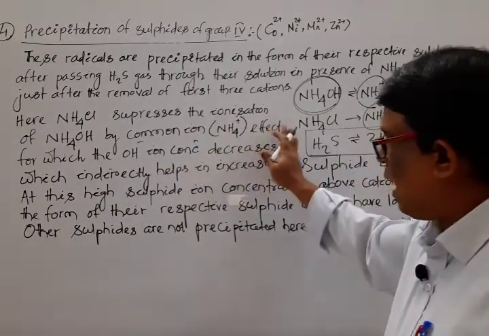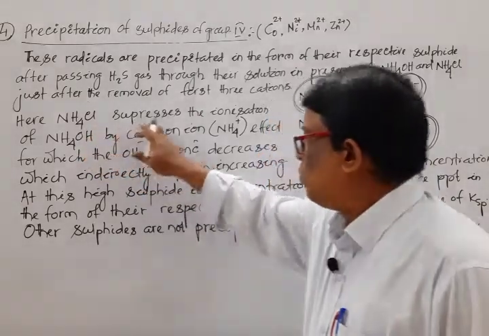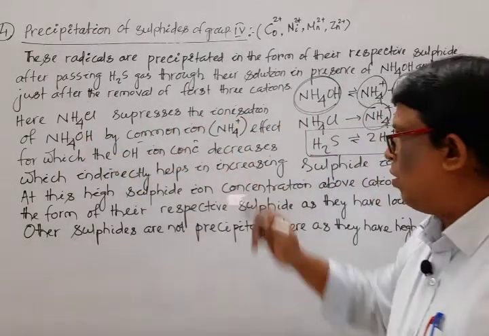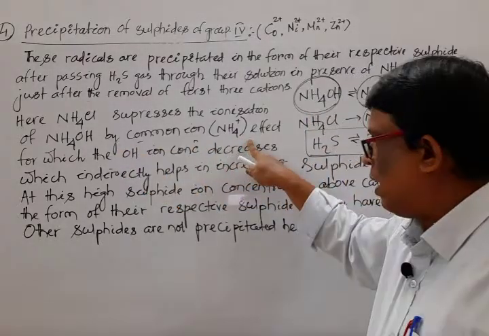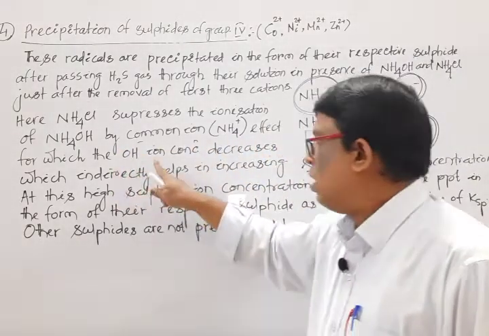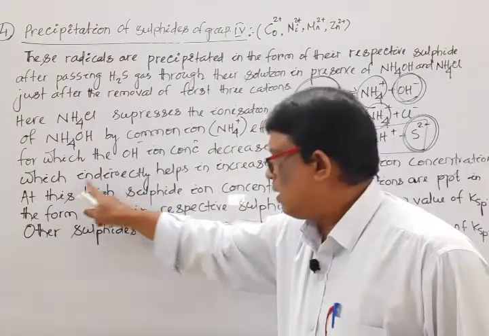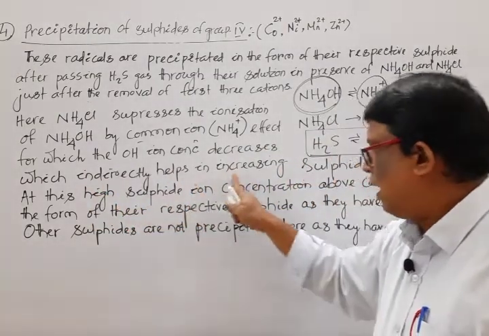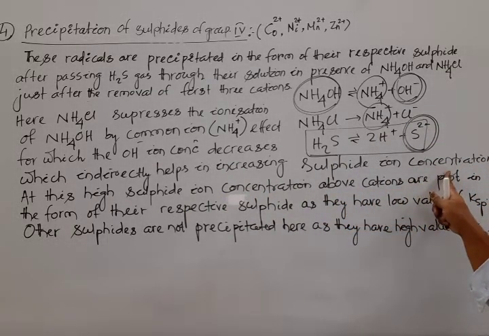Due to the common ion effect, what do we observe here? Ammonium chloride suppresses the ionization of ammonium hydroxide by the common ion effect, for which the hydroxide ion concentration decreases, which indirectly helps in increasing the sulfide ion concentration.